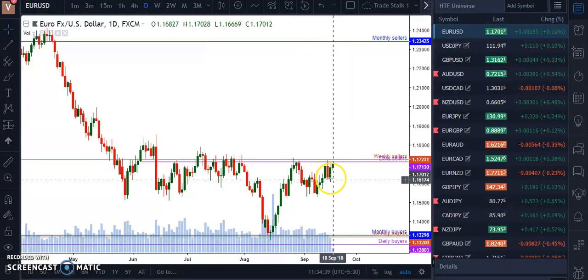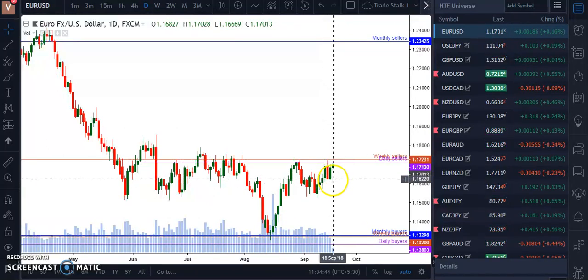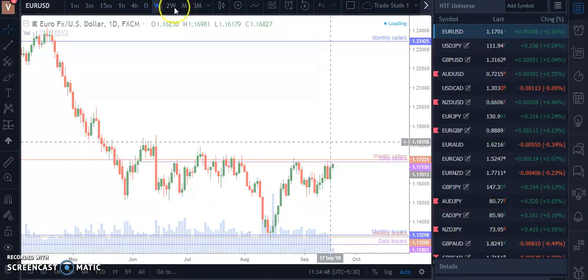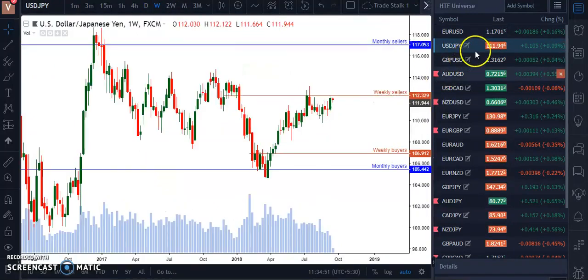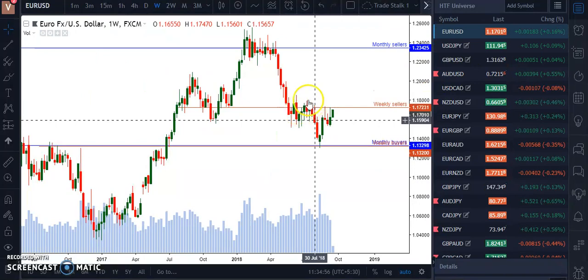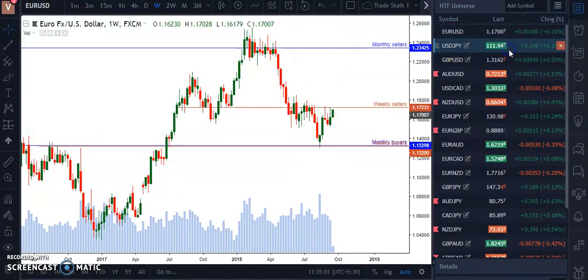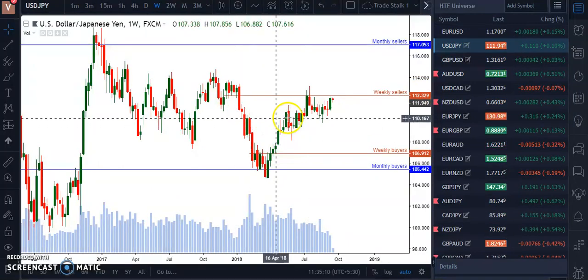So I'm anticipating that the buyers will still be a bit in control and try to go up. That's why for my weekly, this is going up. But it didn't make my list of higher time frame movers to play because it's too close to resistance. That wasn't one of my picks as a good one to enter and ride for the week.